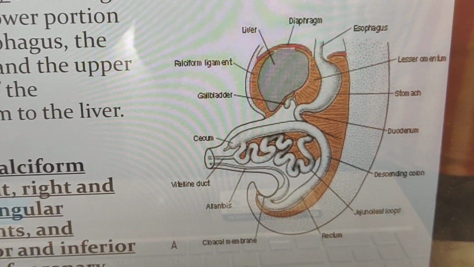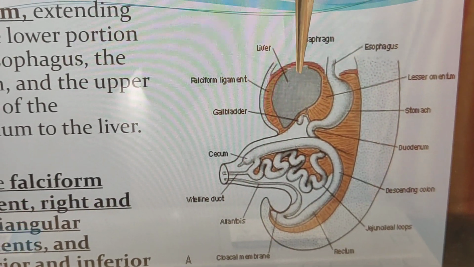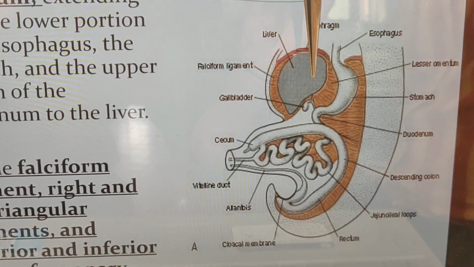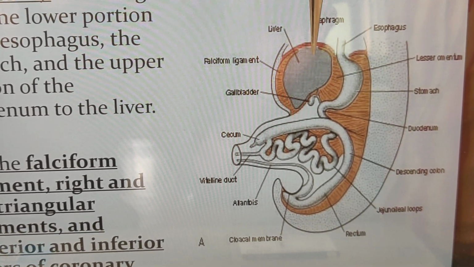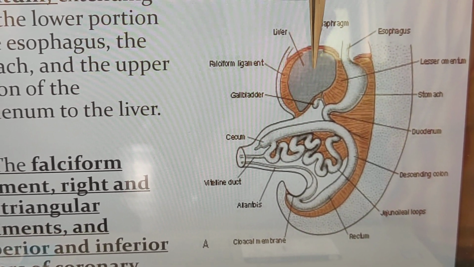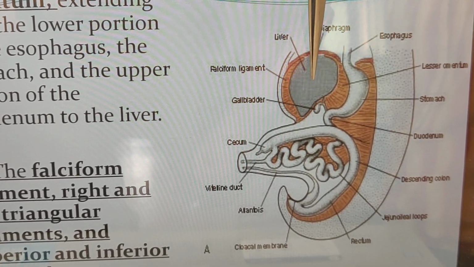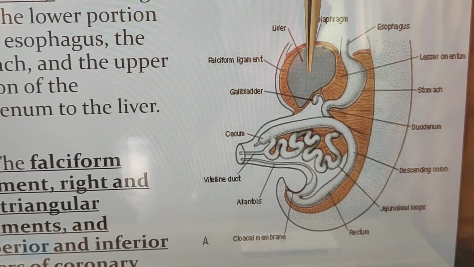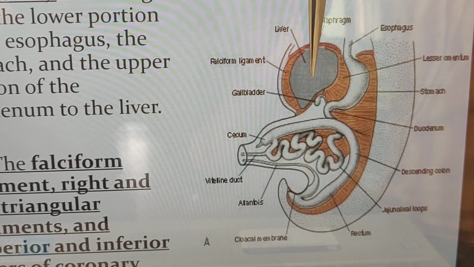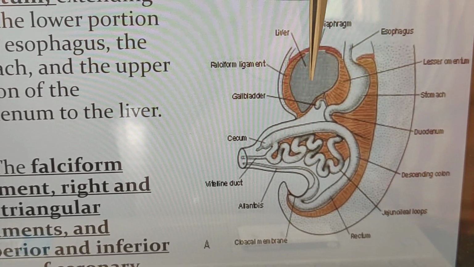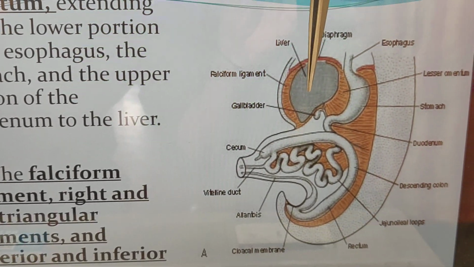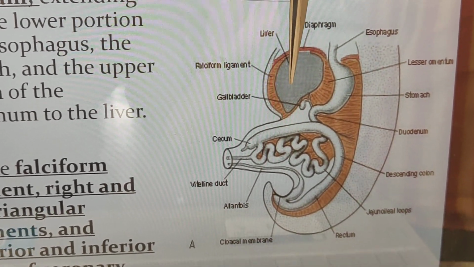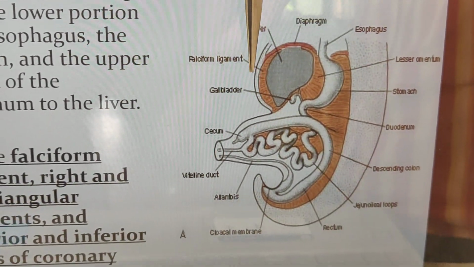Now, what happened inside the ventral mesogastrium? In the intermediate part there is a development. In the middle part it develops the liver, which also develops from the septum transversum. So the liver develops from the septum transversum as well as the mesogastrium, and it divides the ventral mesogastrium into two parts, anterior and posterior.